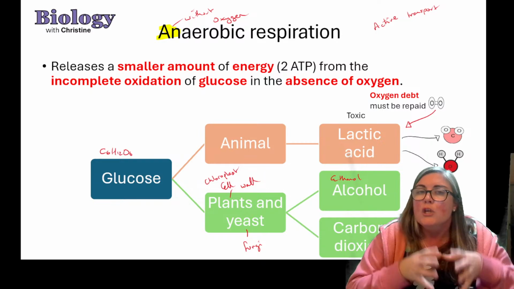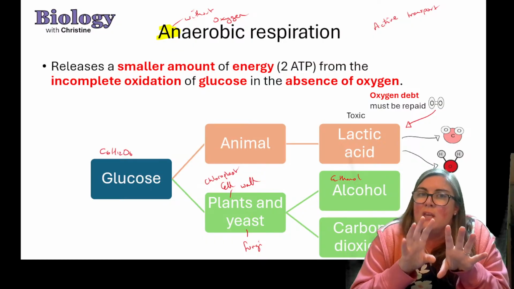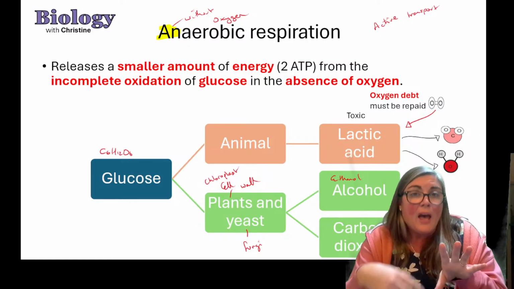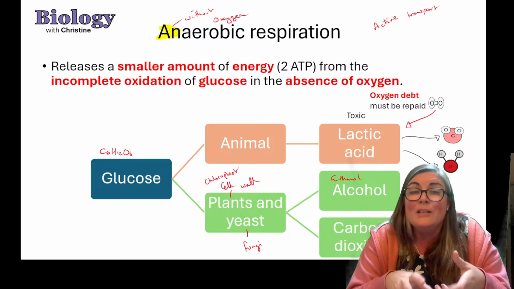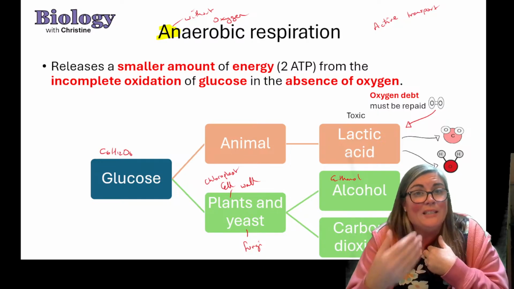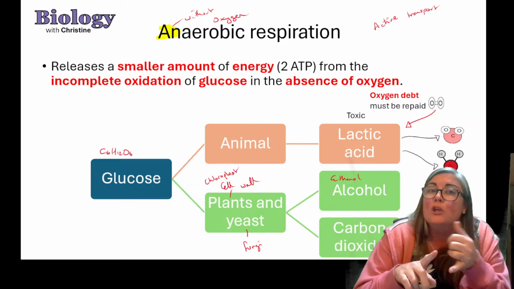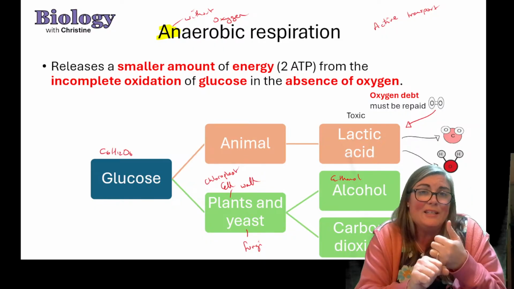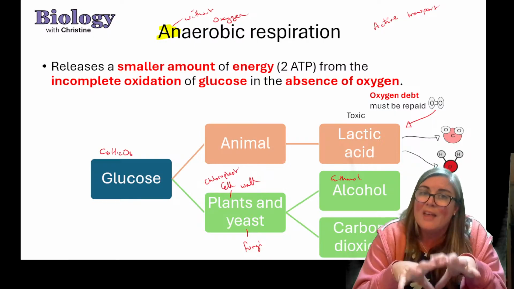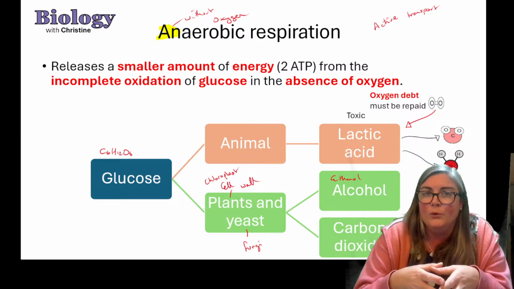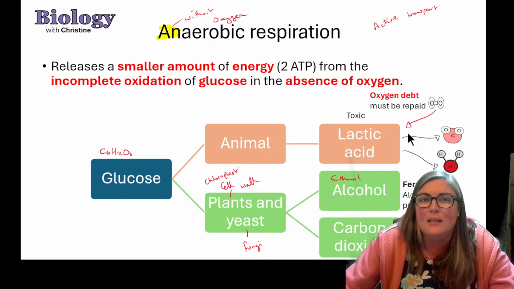The oxygen debt is repaid by, for example, it taking you time before your breathing rate and volume get back down to the normal resting state. So it's really important that you interlink those different parts together.